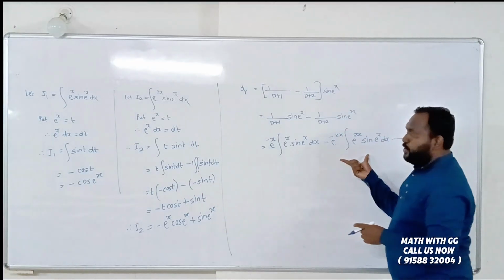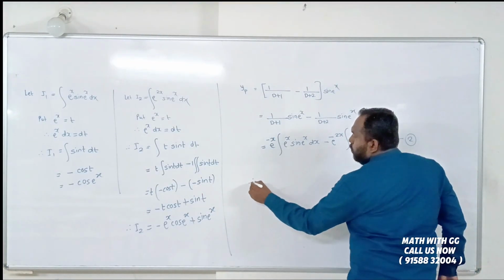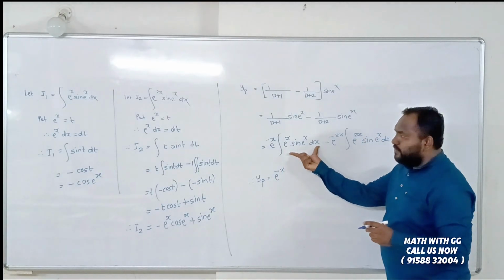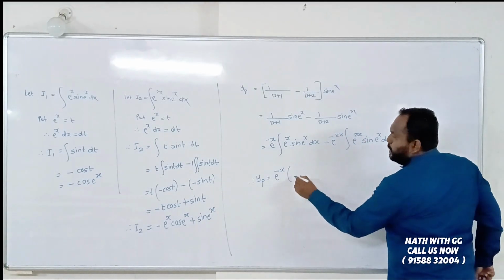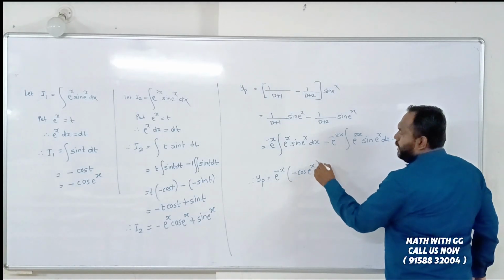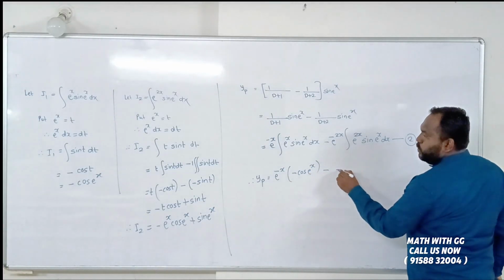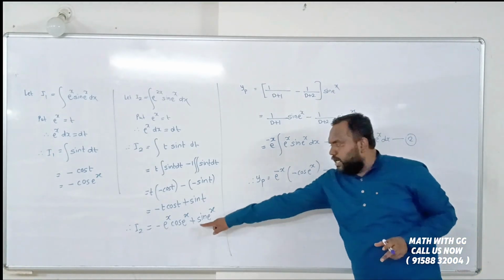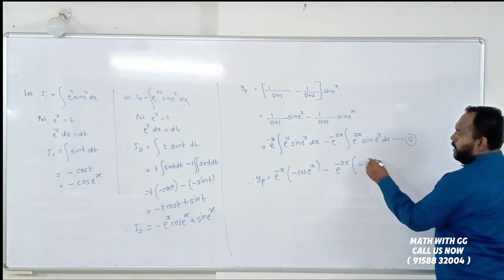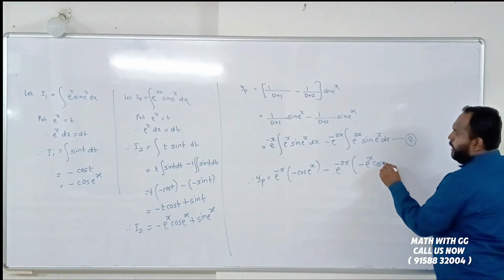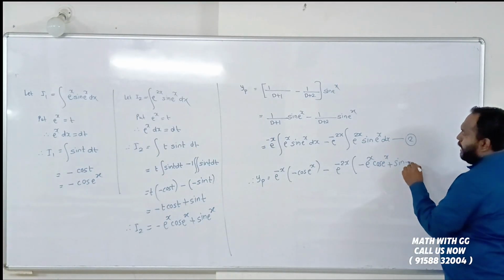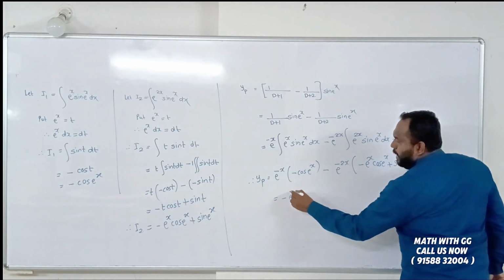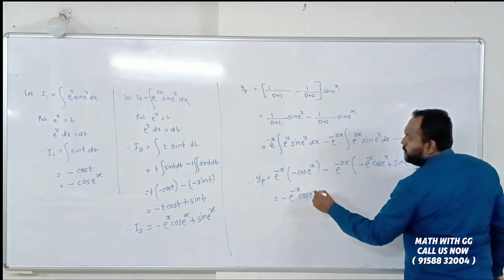Substituting both the values in equation 2, we get yp equal to e raised to minus x as it is, into the integration of the first term, I1, that is minus cos e raised to x, minus e raised to minus 2x as it is, into the integration of the second term, that is minus e raised to x cos e raised to x plus sin e raised to x. Now, we get the term minus e raised to x cos e raised to x.